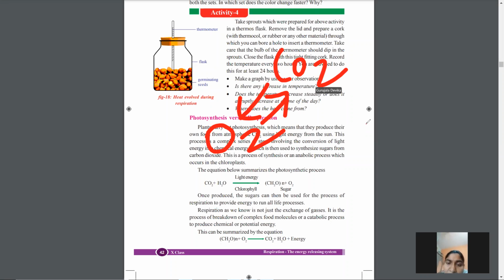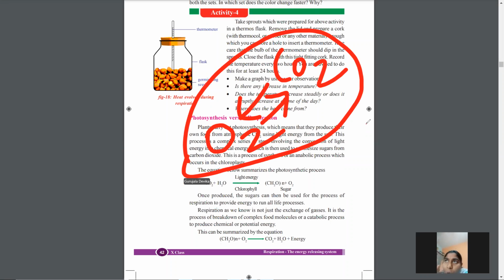But this is not the only thing in respiration. It includes that, but it also involves the breakdown of bonds present in the food molecules. Because the bonds in glucose molecules break, in respiration the energy will be released, and that energy will be used for all the life processes taking place in plants or animals.